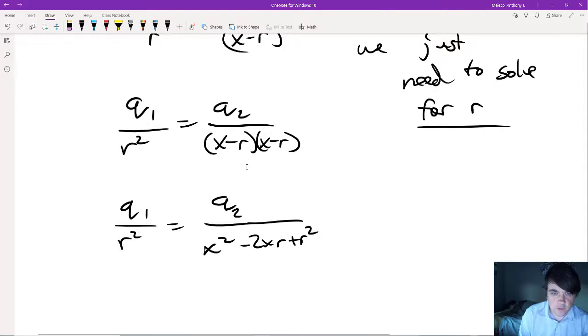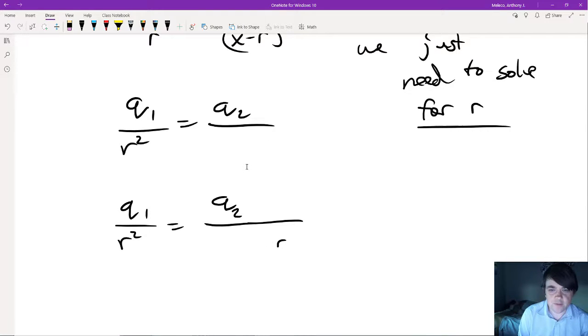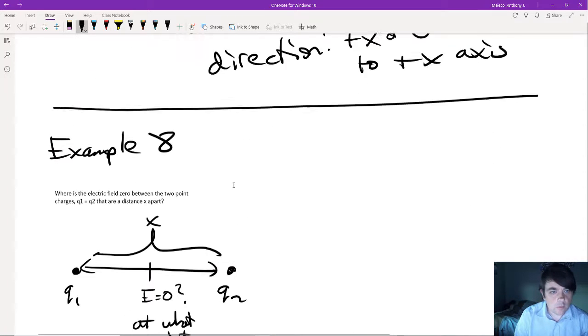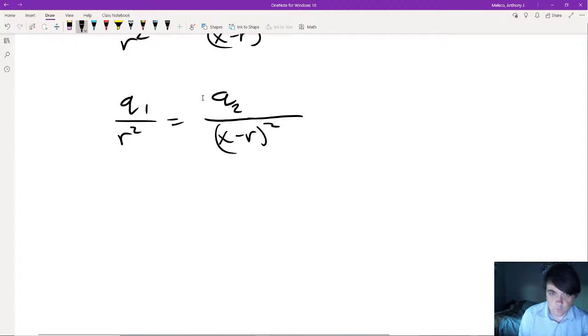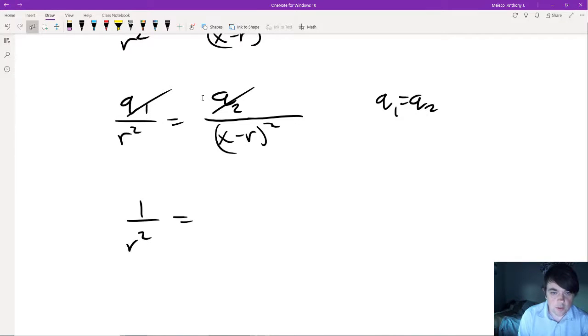Actually, I think for this guy, because the r's are going to be coupled together, I think it's easier if we just leave it in there for now. Oh, we're told q1 equals q2. So we can cancel those two. So now we're left with 1 over r squared equals 1 over x minus r squared.